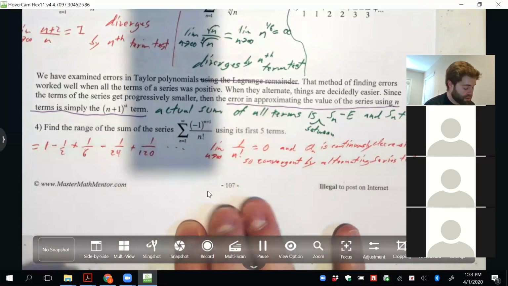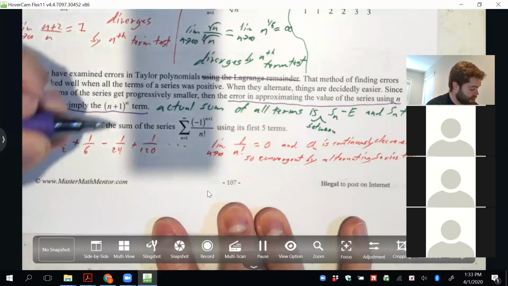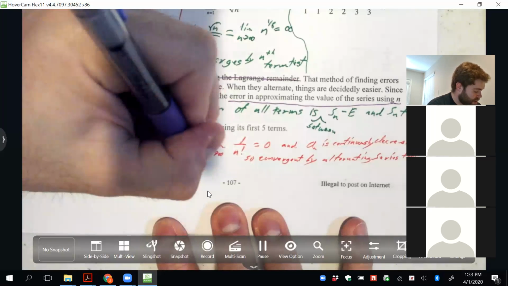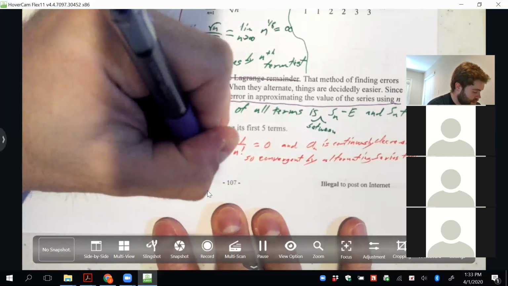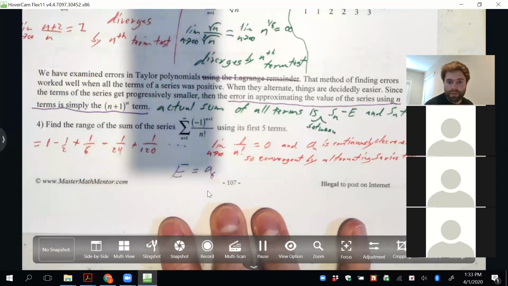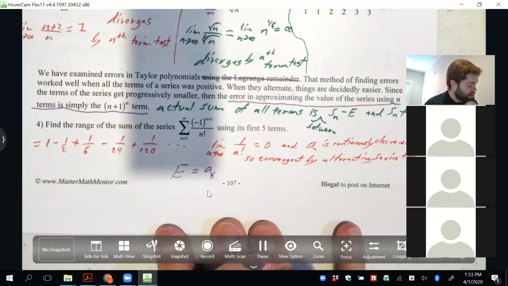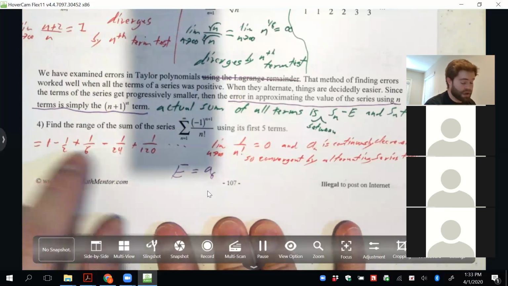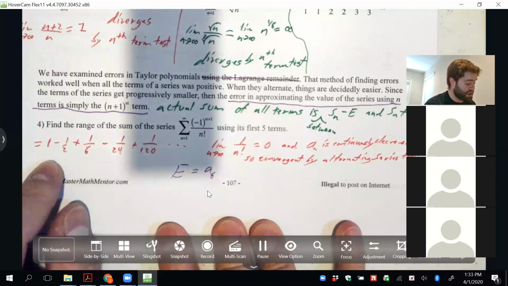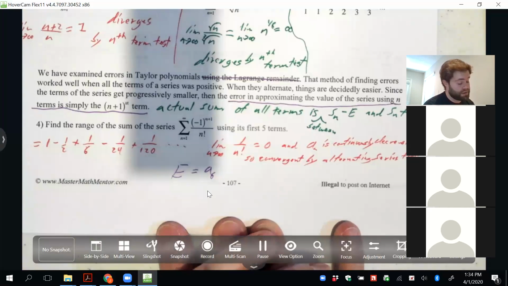So the error is going to be a sub 6, because we're asked to use the first 5 terms. So we're only going to sum up the first 5 terms, and we're going to use that as an approximation for what our actual sum would be. And in an alternating series, the very next term is just the error between our approximation and the actual value.